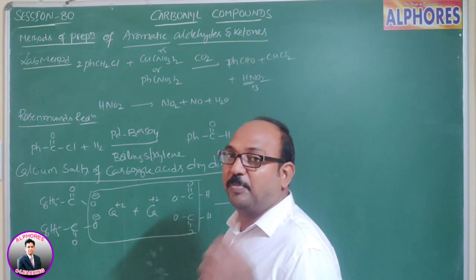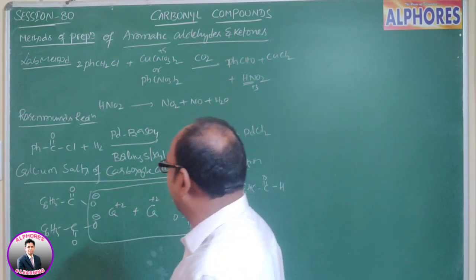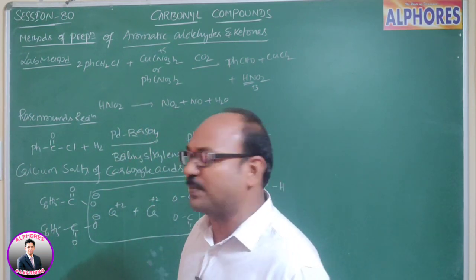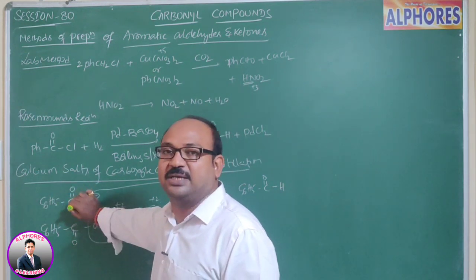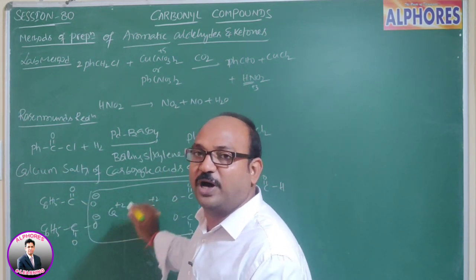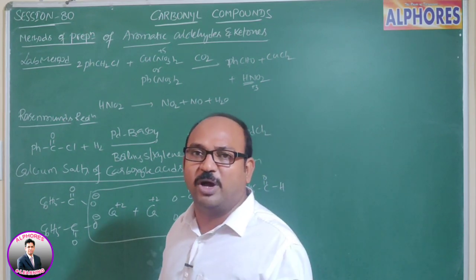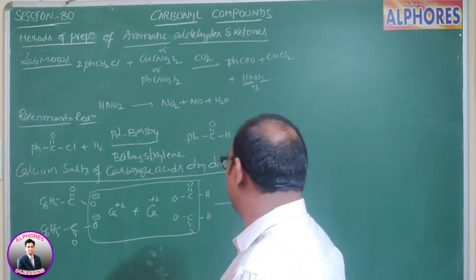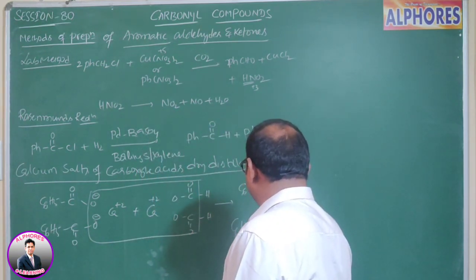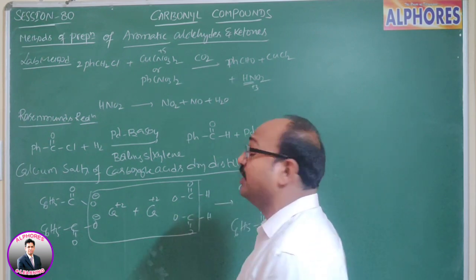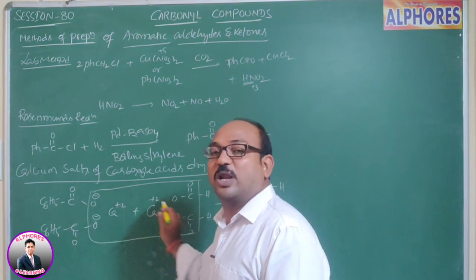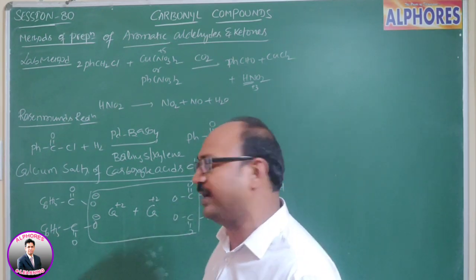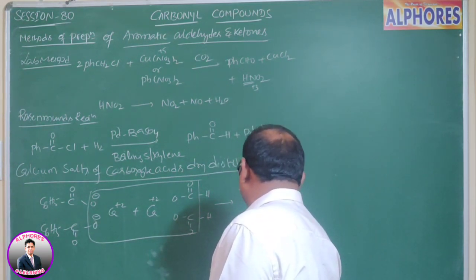But here one more obstacle is there. As already discussed, we cannot control the reaction. Instead of calcium benzoate and calcium formate participating together, if both molecules are calcium benzoate, we get benzophenone, C6H5C=OC6H5. Similarly, if both molecules are calcium salts of formic acid, we get formaldehyde as product.